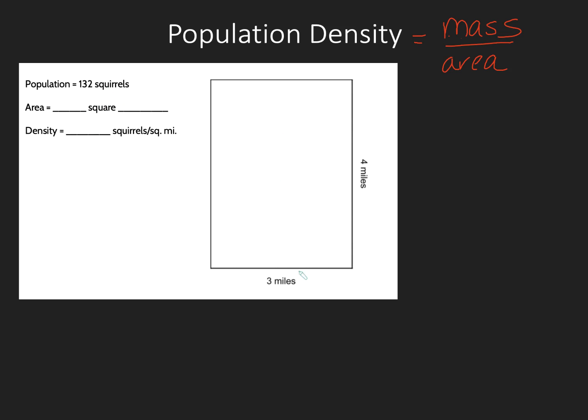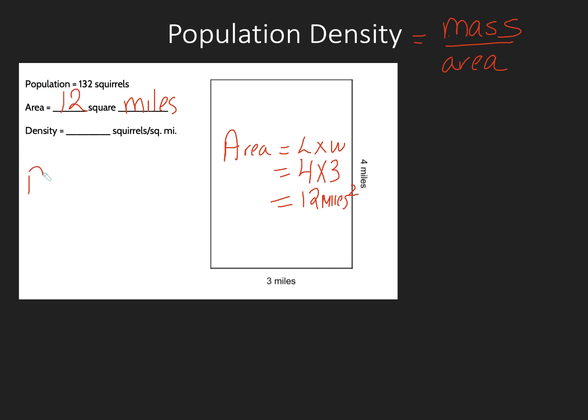Notice they didn't give us the area, but notice it's a rectangle. So our area, which is length times width, is going to be 4 times 3, which is 12 square miles. So here my area is 12 and it's square miles because our dimension is miles.